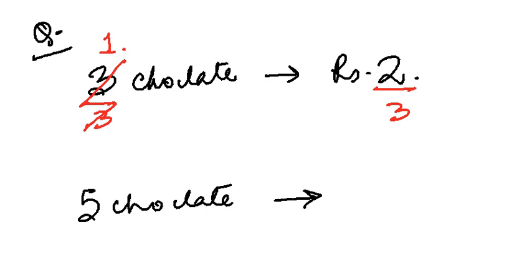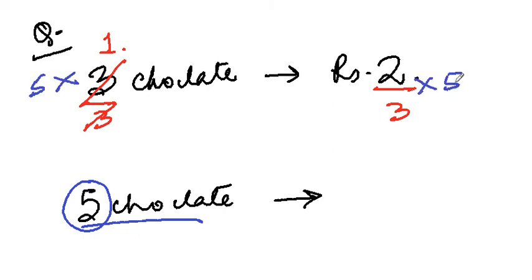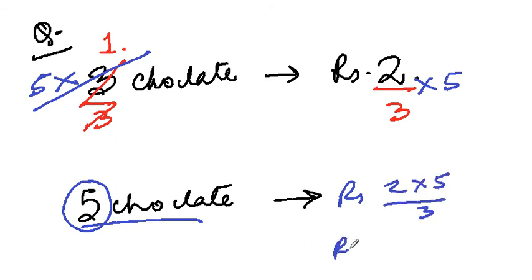Now we want it for 5. We want a price for 5 chocolates. So we are going to multiply by 5 on both the sides. The moment we multiply by 5 on both the sides, we get the price for 5 chocolates. 5 chocolates will cost us 2 into 5 by 3, that is 10 by 3, which is rupees 3.3.